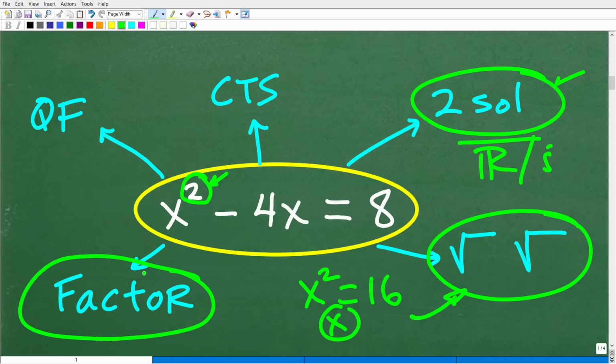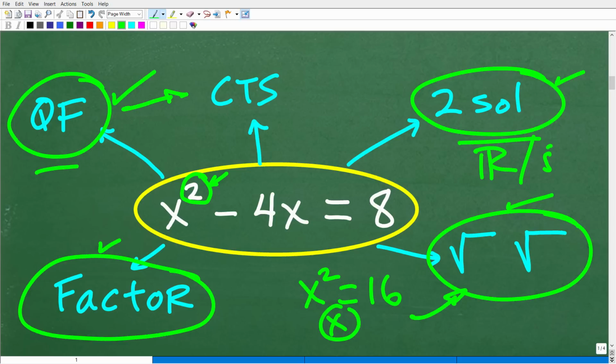Now, you may not be able to factor, and if you cannot factor, well, then you can always rely on the quadratic formula. That is why this formula is so important: these techniques you can use if the equation is set up in a particular format, by taking the square root or by factoring, but every single quadratic equation can be solved by the quadratic formula.